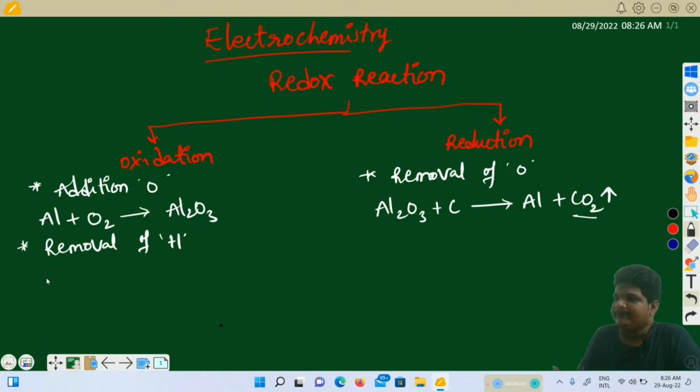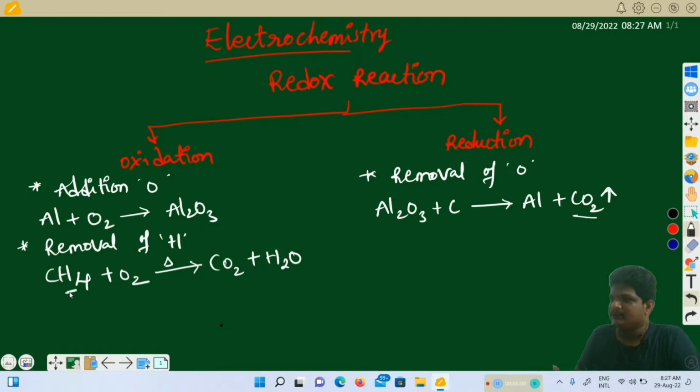For example, if you heat CH4, that is methane, in the presence of oxygen, we get CO2 and H2O. Here the hydrogens are removed from the carbon, so it is converted into CO2. We are removing the hydrogens from CH4, so it is an oxidation reaction.